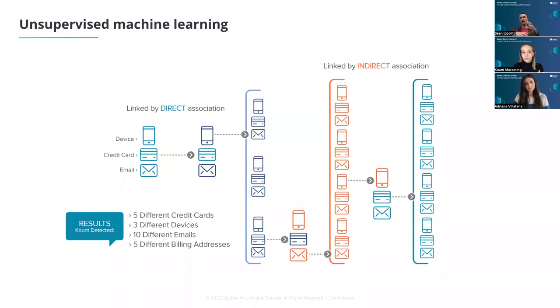So what might look really safe to you and your family could grow out of control into a vast fraud network. And so what we see at the end of the day, even though it's just your one transaction, is tons of, like, 5 different credit cards, 3 devices, 10 emails, and 5 different billing addresses. And the important thing to see here is, while by itself your order may not have looked that risky, if we look at the bigger picture, we see that there are multiple indicators of risk here.